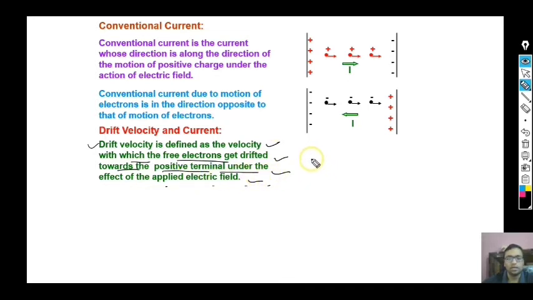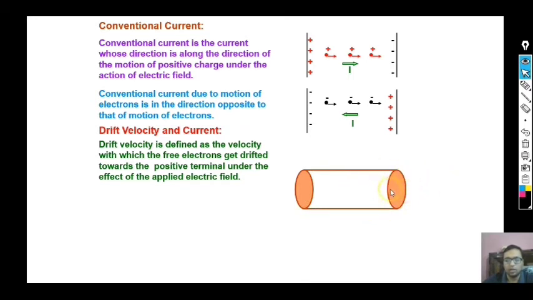So basically, if you have applied any electric field, then the electrons present inside a metal get drifted in the direction opposite to the electric field, or you can understand that positive charges are drifted in the direction of the electric field.